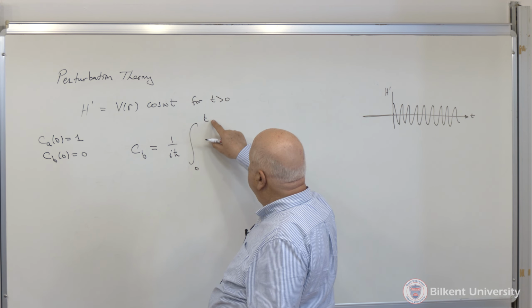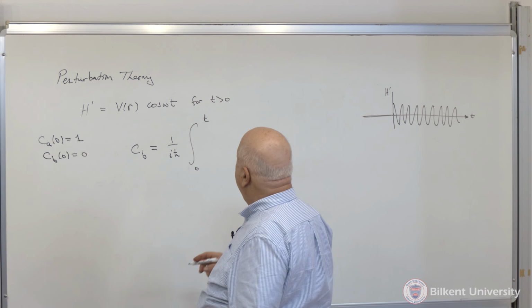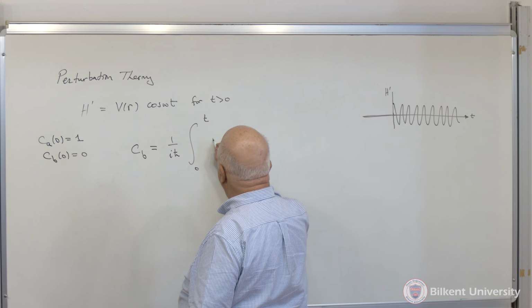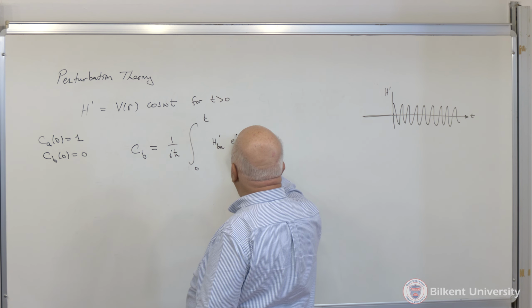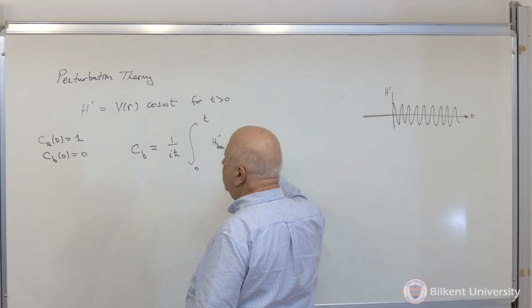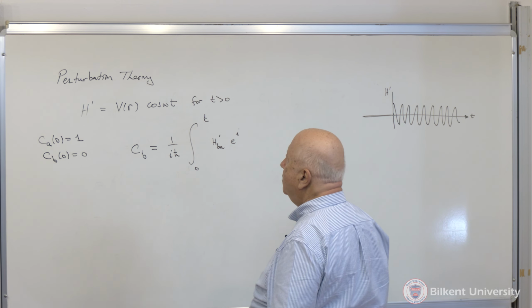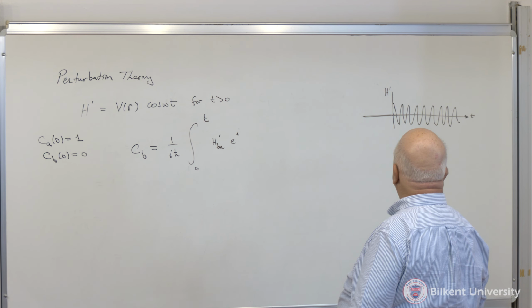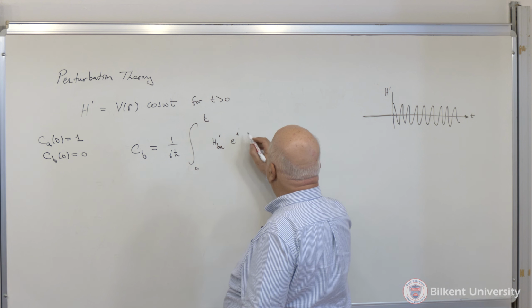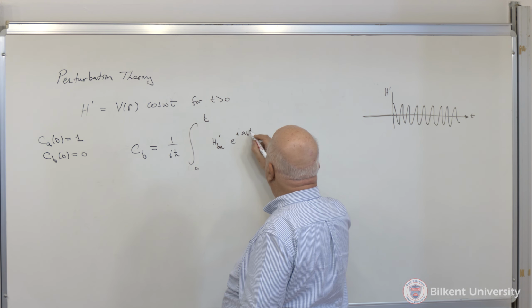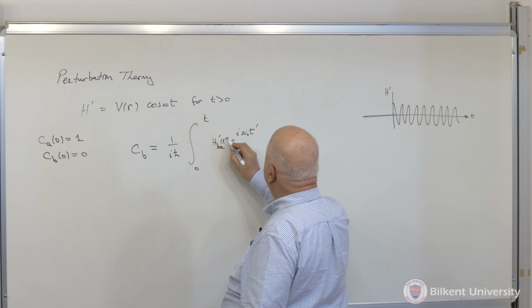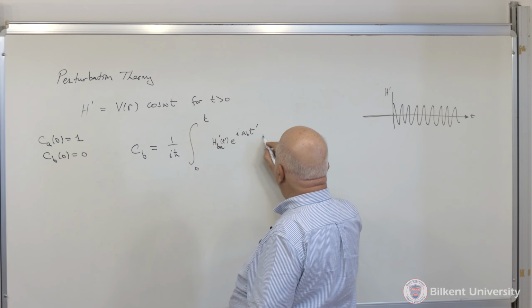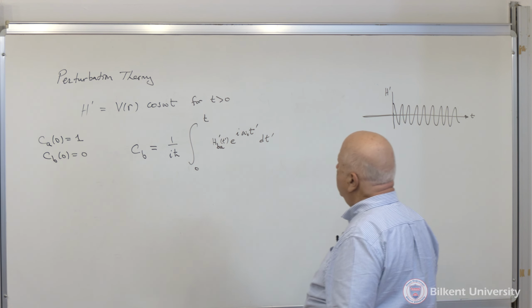So I integrate from 0 to t of H_BA prime, e to the i, which way does it go? Plus or minus omega 0? Plus. Omega 0 t prime, H_BA of t prime, dt prime.